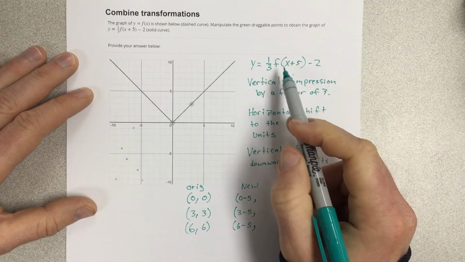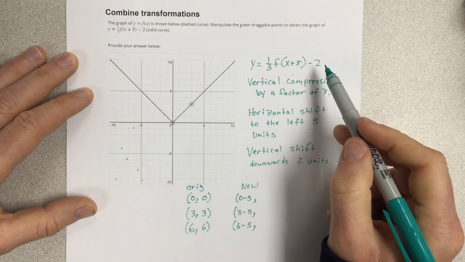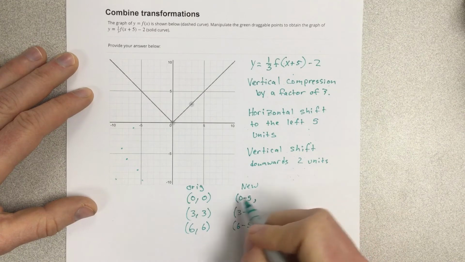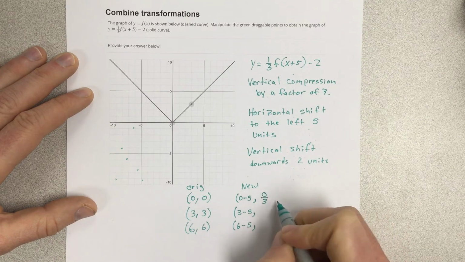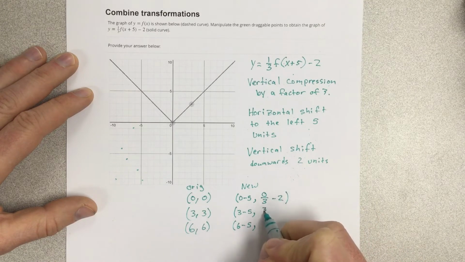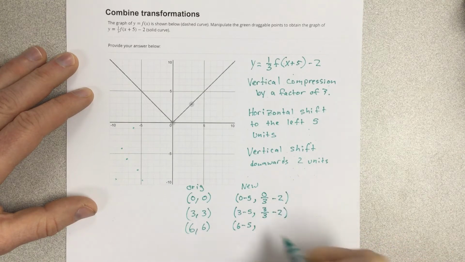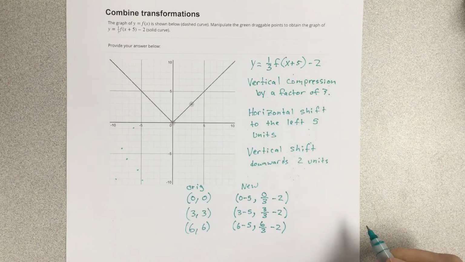And then I have to vertically compress these coordinates, and then move them down 2. So I'm going to take 0 and divide it by 3, and then subtract 2 from it. Then I'm going to take 3 divided by 3 and subtract 2 from it. And then I'm going to take 6 divided by 3 and subtract 2 from it. And this will give me my new coordinates to help me graph this function.